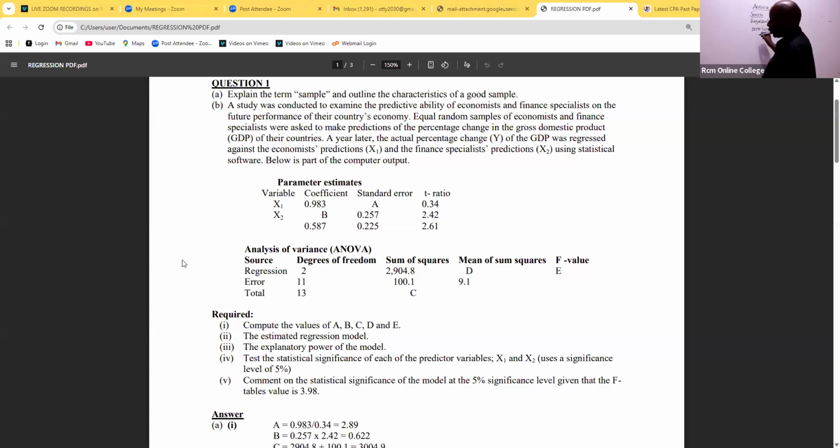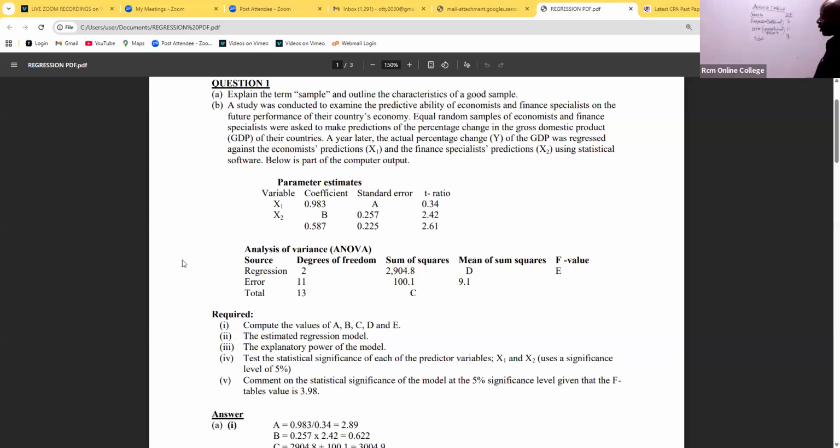And then we have our totals here. Then we have degrees of freedom. The degrees of freedom are 2 and 11, adding to 13.